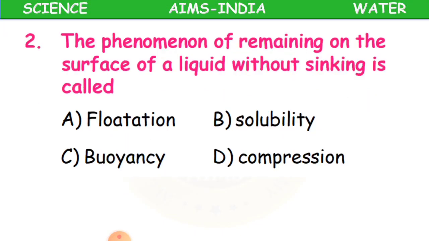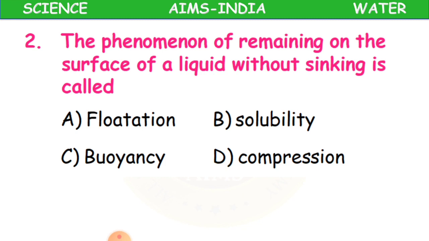The phenomenon of remaining on the surface of a liquid without sinking is called what? Any object which is not sinking in the liquid, but staying on the surface of the liquid, what do we call it?